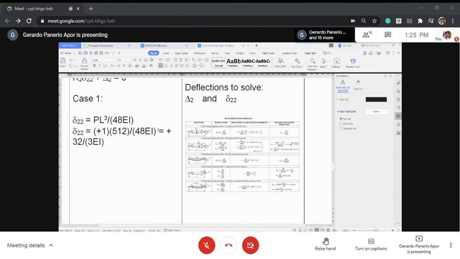Ang unit, ang L cube carries the unit, so you have meter cube divided by EI, which carries Newton meter squared, no?